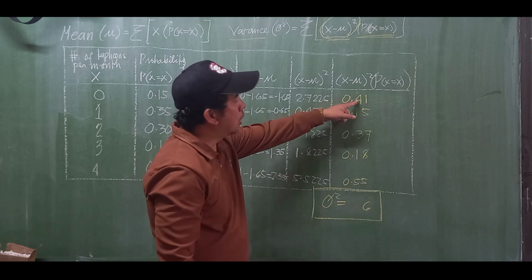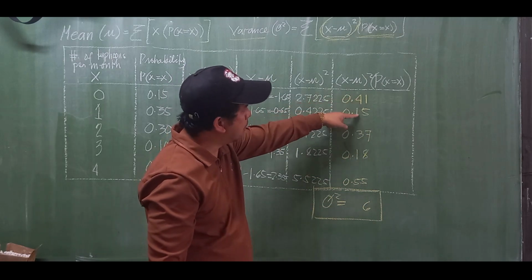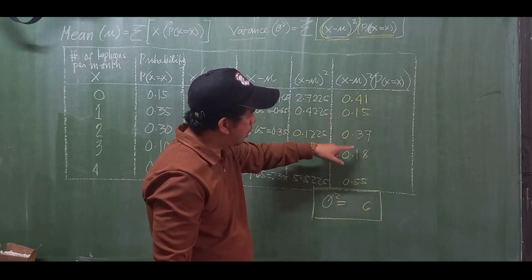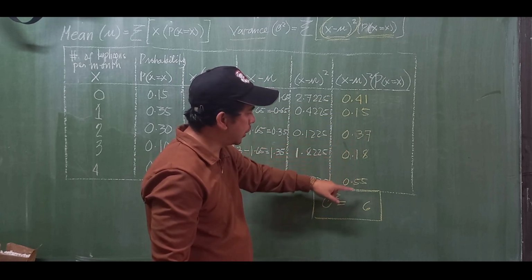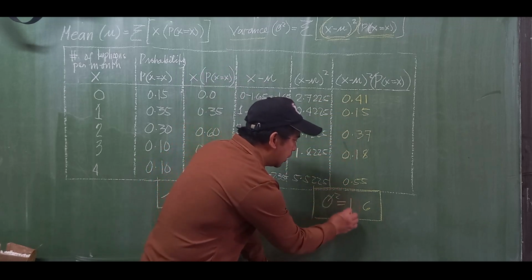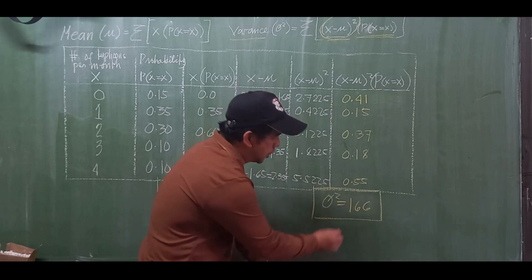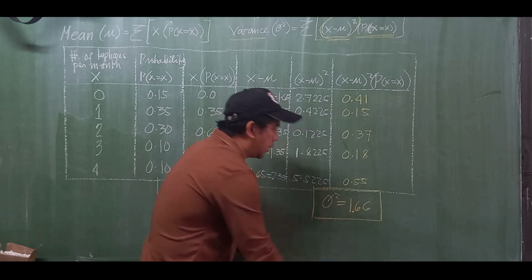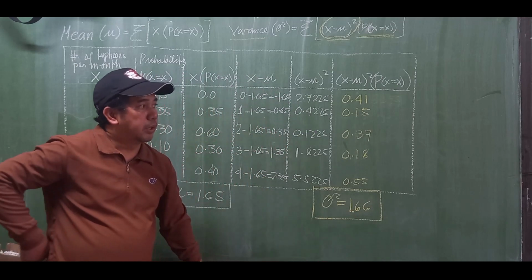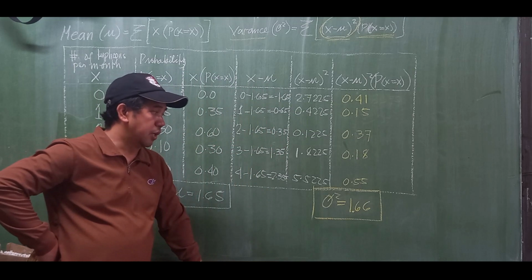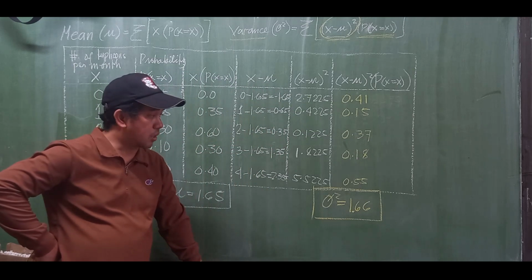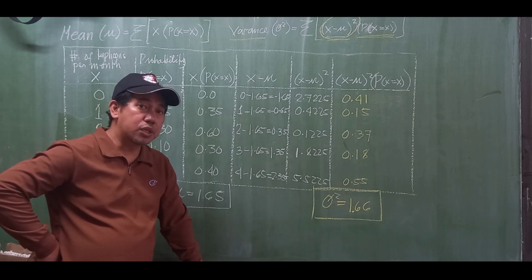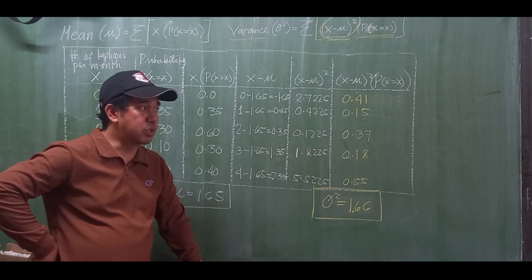That is 2 plus 4, that is 6, 7, 8, 9, 10, 11, 12, 13, 14, 16. Okay? 16. And so you will notice it will give you a result of 1.66. The variance is 1.66.